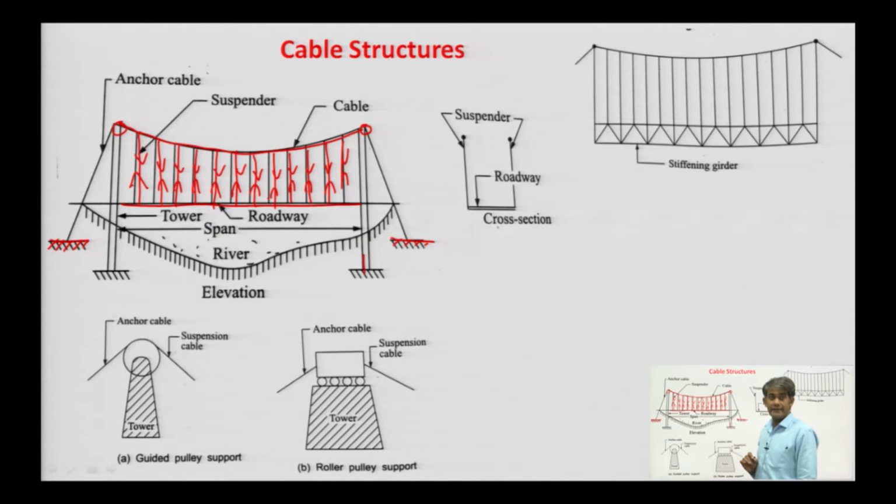In actual practice, a similar structure is at some distance like this. So, this is the width of the roadway. This width of the roadway is hanging through the suspenders.